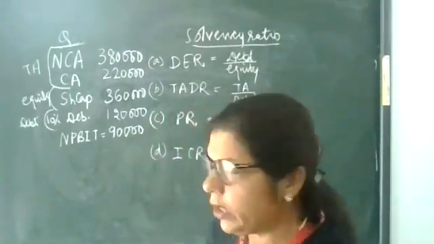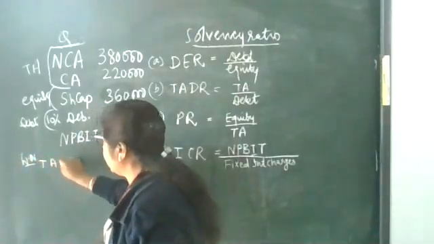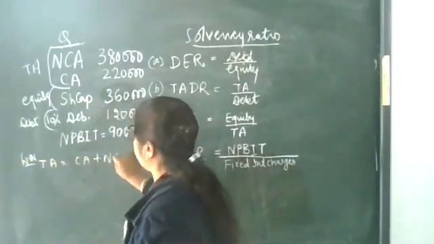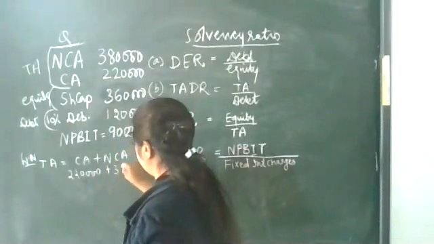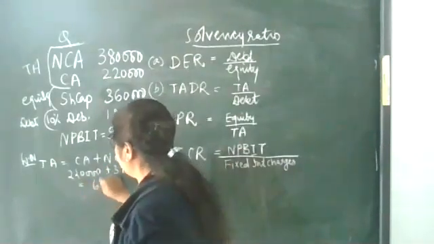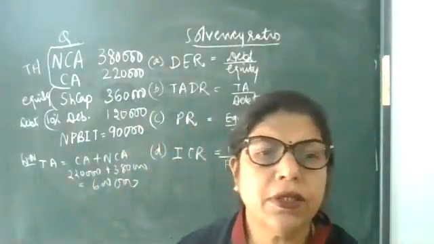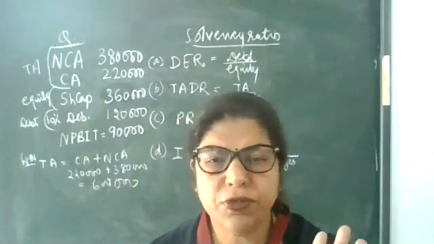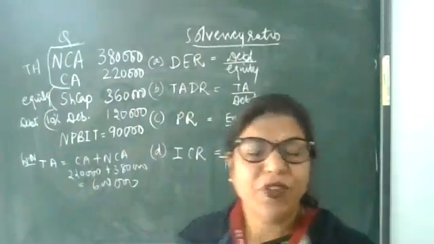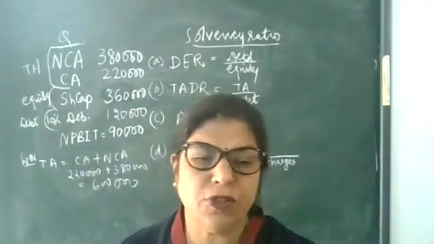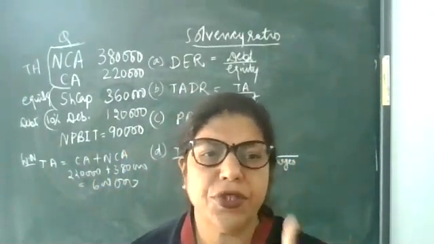First of all, total asset is equal to CA plus NCA. 2,20,000 plus 3,80,000, that is 6 lakh. Got it? Any doubt? First we calculate total asset because we require it in two places. And second thing we have to calculate is fixed interest charges.